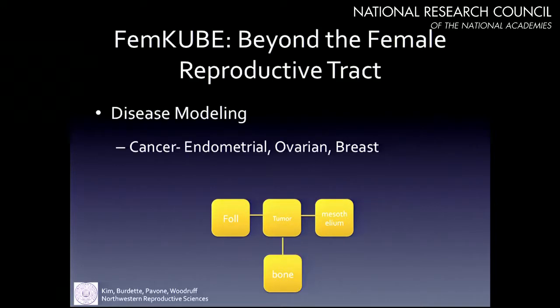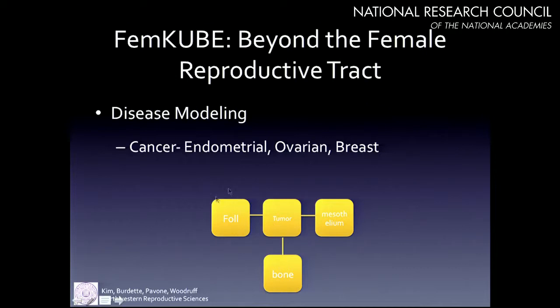As I was alluding to before, we can study other disease models, specifically cancer, of tissues that are hormonally derived, for instance, endometrial, ovarian, and breast cancers. The role of hormones in these cancers is very important in terms of initiation, but in terms of what it does to the actual cancer, it still remains unclear.